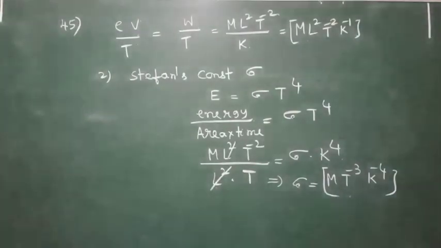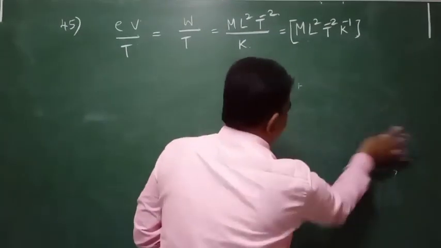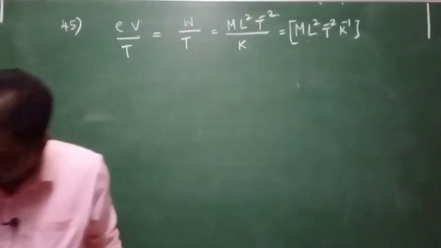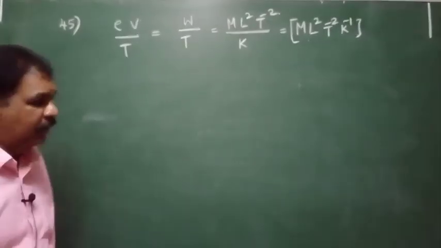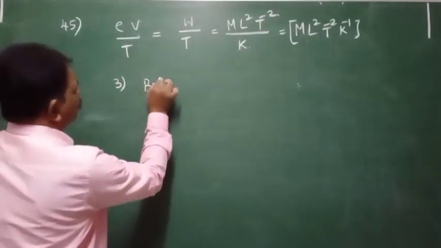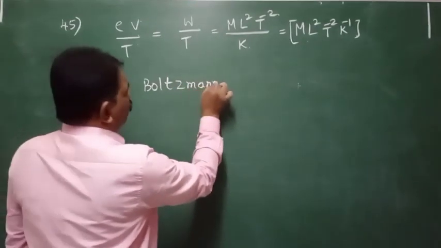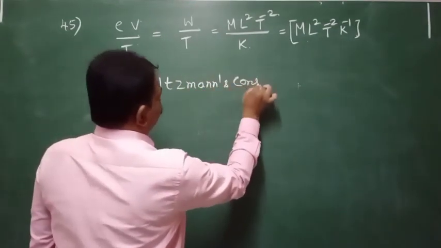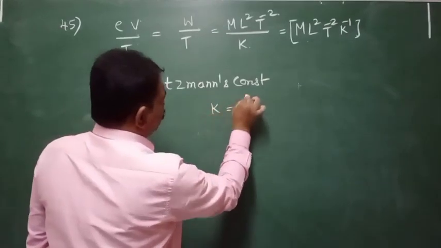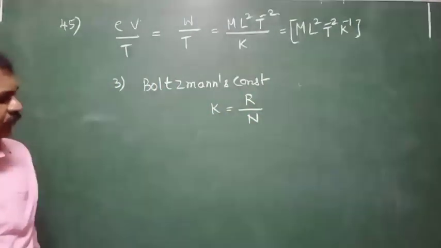Next, go to the next one. What is the next one? The third one, Boltzmann constant. K is equal to R by N, that is universal gas constant by n.